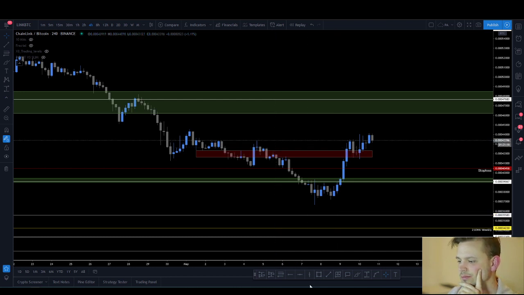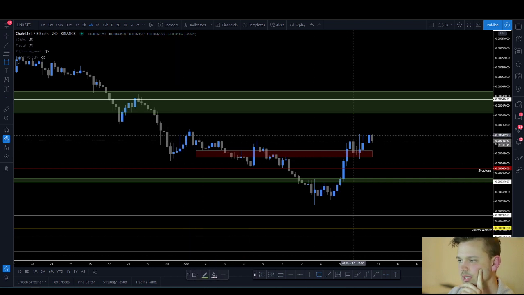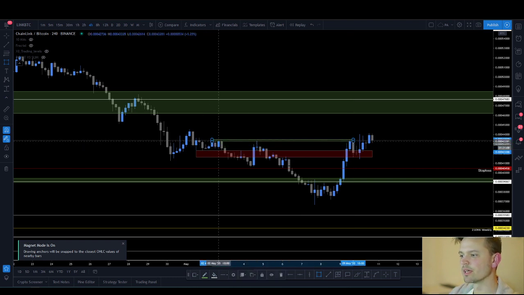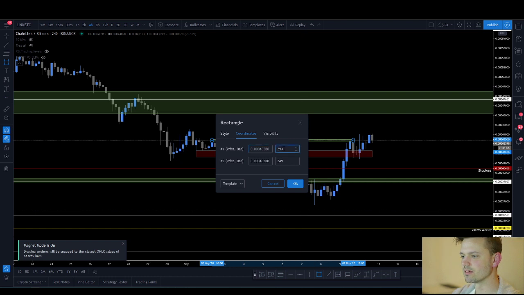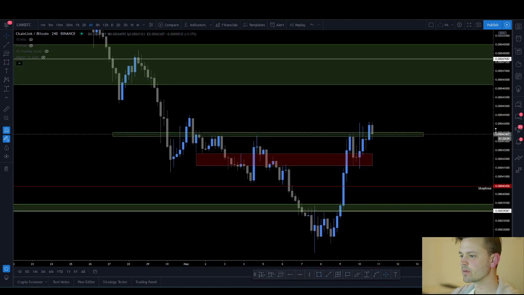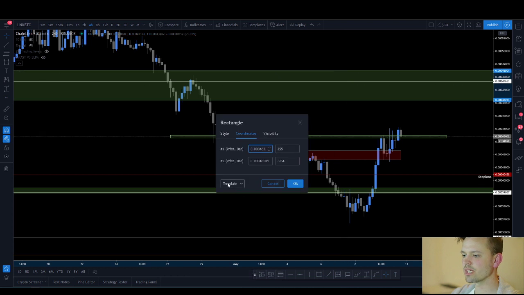We got these highs up here, and this level down here. I think that's a pretty obvious level that could act as a decent support level.